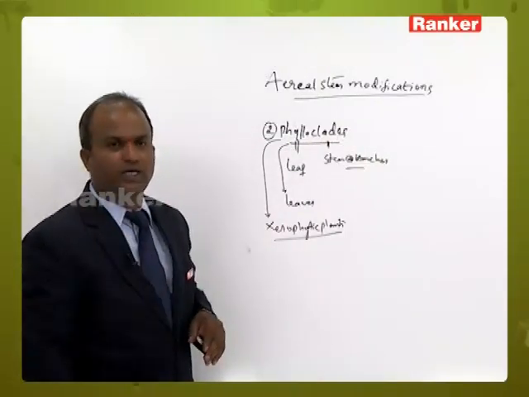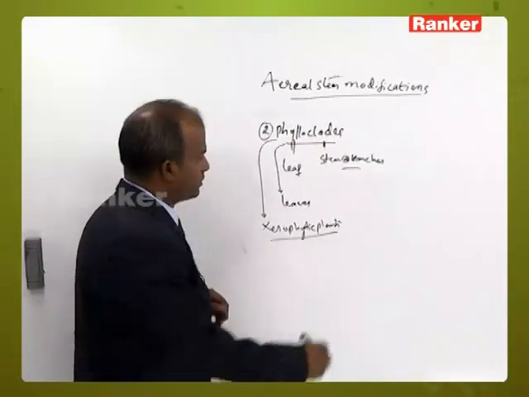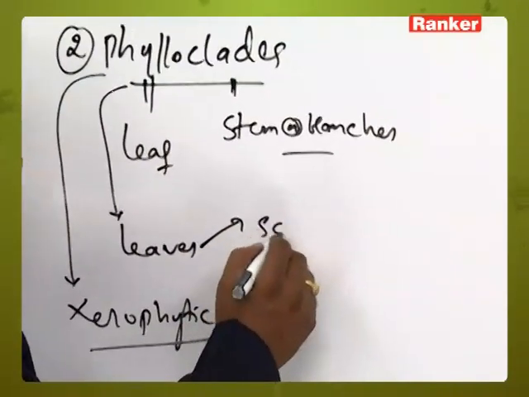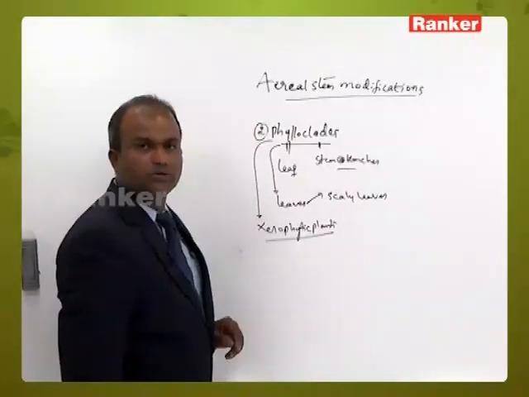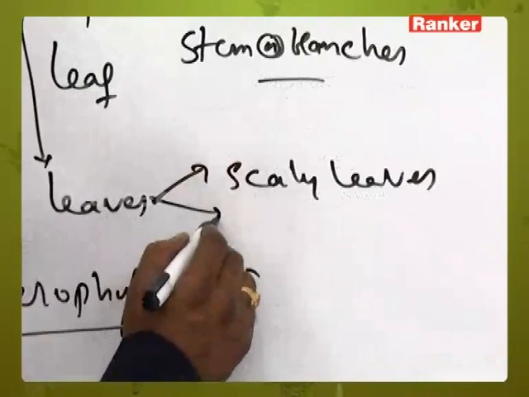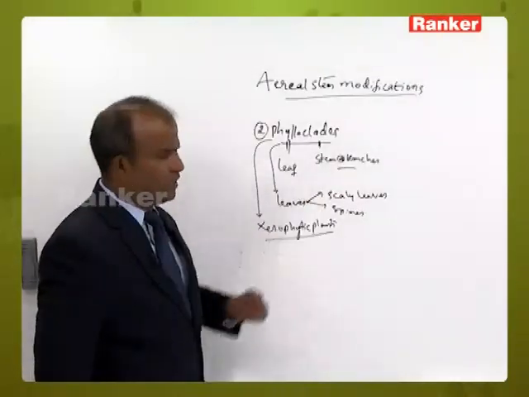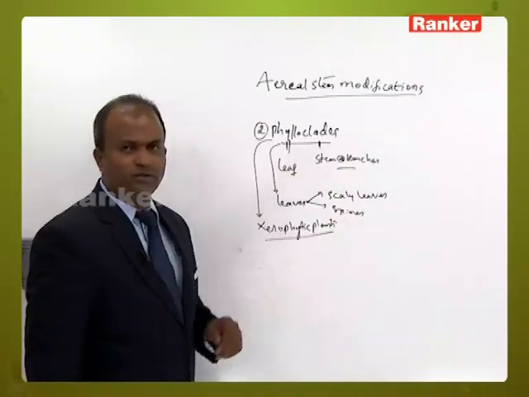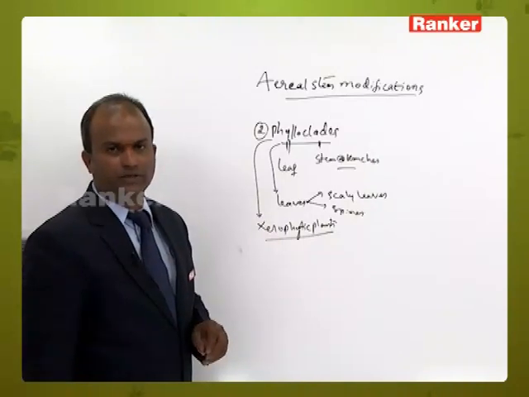In order to protect themselves, the leaves in xerophytic plants may be reduced to scaly leaves or to spines in order to overcome water deficiency.